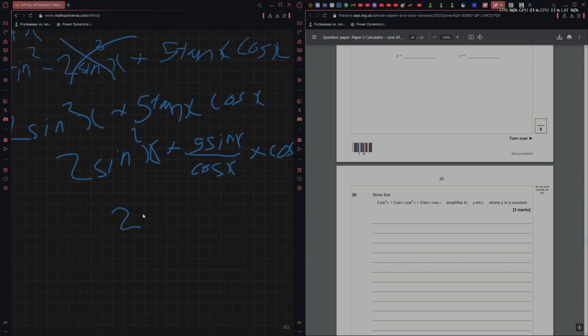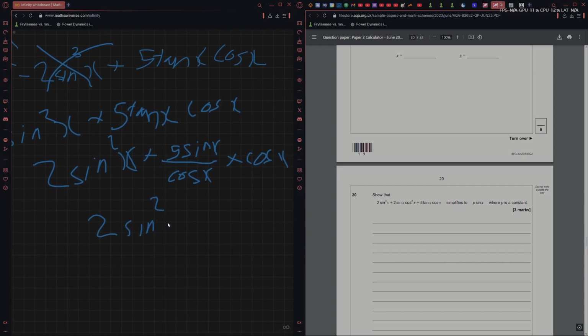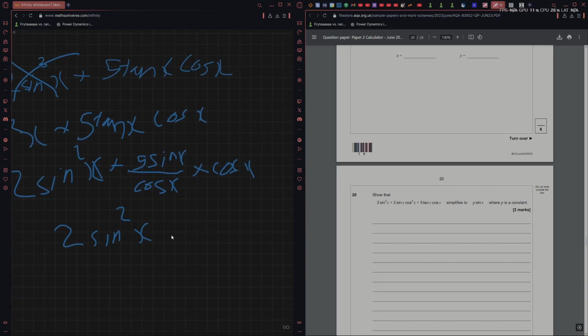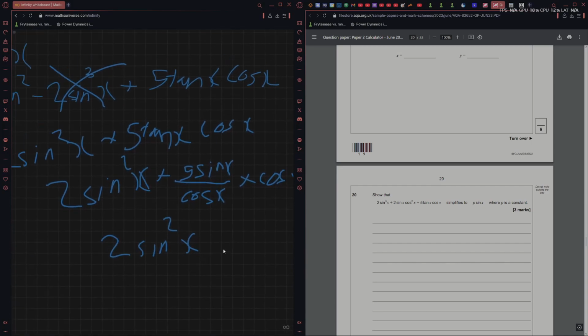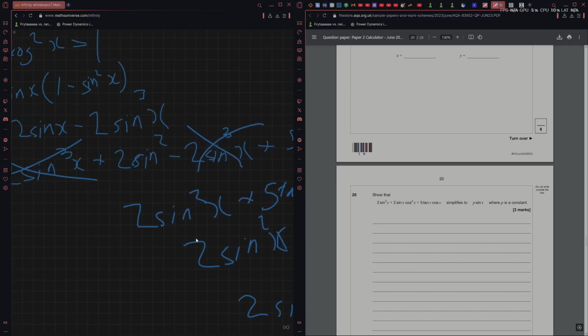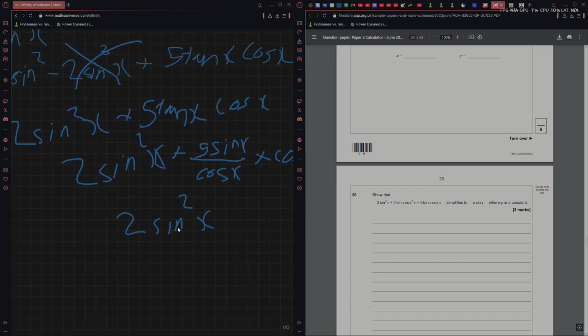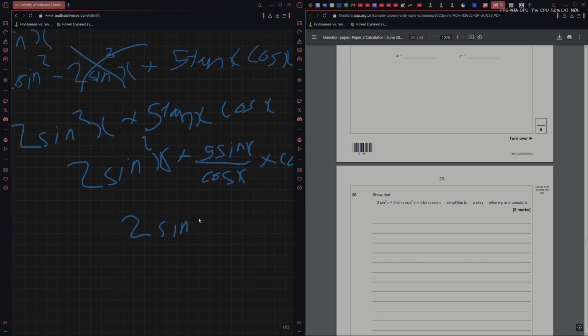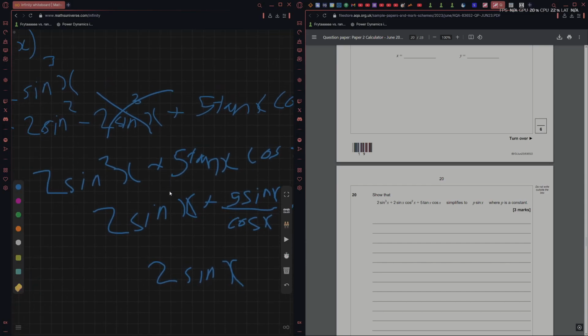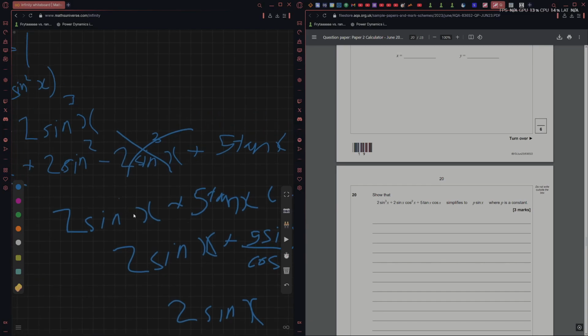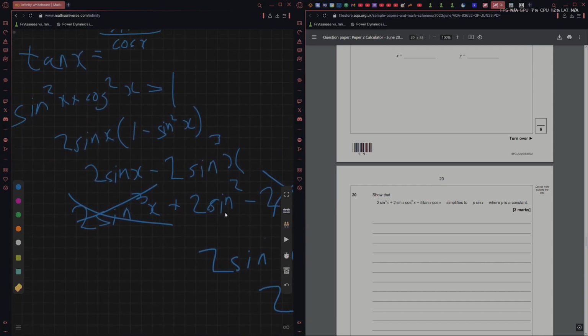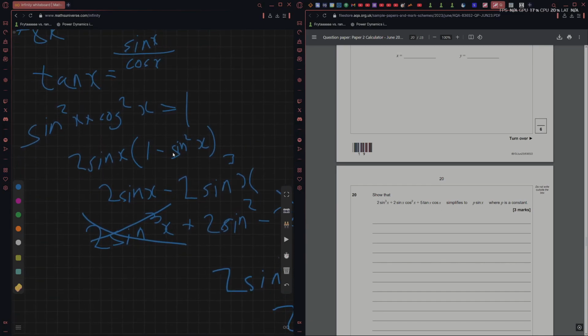So now we get 2 sine x. It's not actually sine squared, it's just sine, because if you remember over here, it's 2 sine x times 1 minus sine squared x.